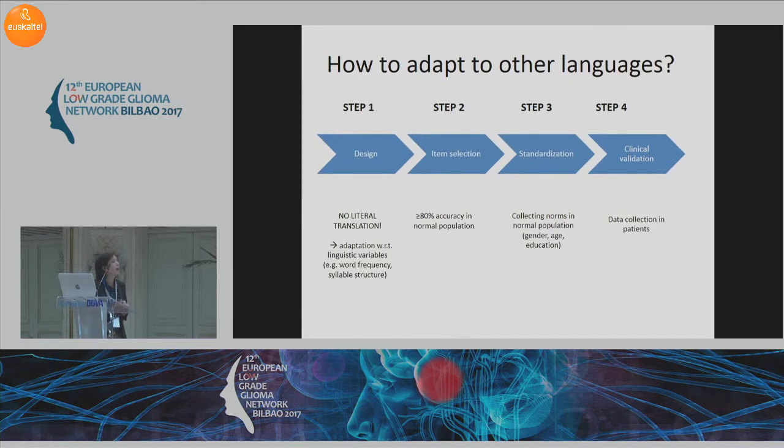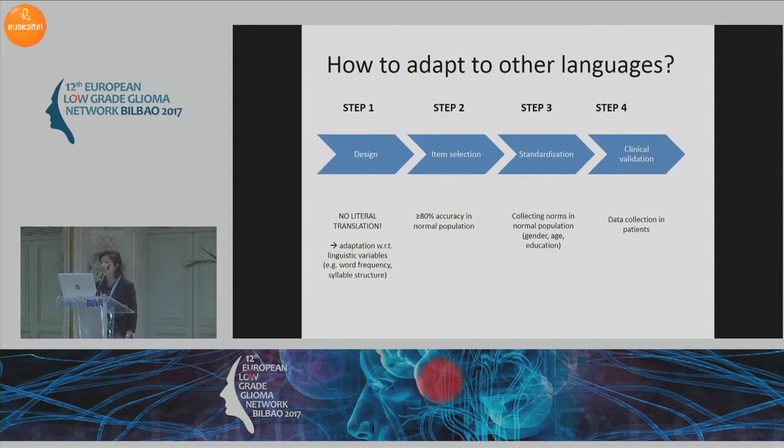So if you have selected a set of items and you have controlled these items for the different linguistic variables, you have to administer it in a normal population. And if a healthy group thinks it's quite difficult to produce certain words, well, you cannot administer it in patients, so you have to remove it. So this is the item selection, and you want to aim at more than 80% accuracy.